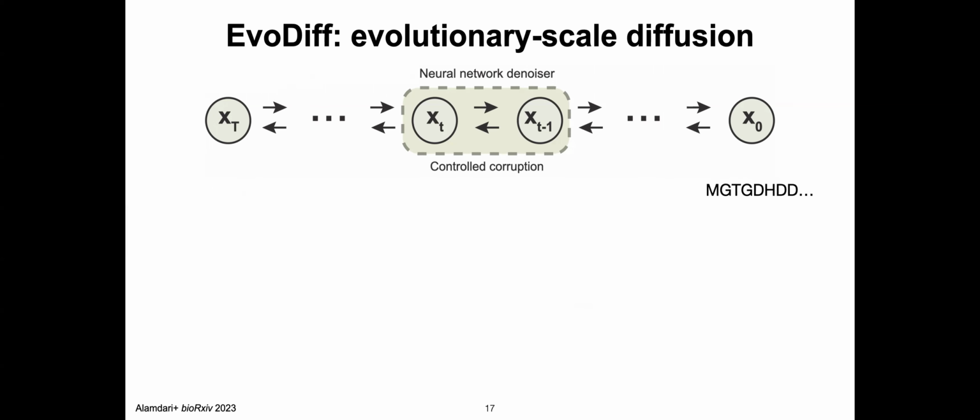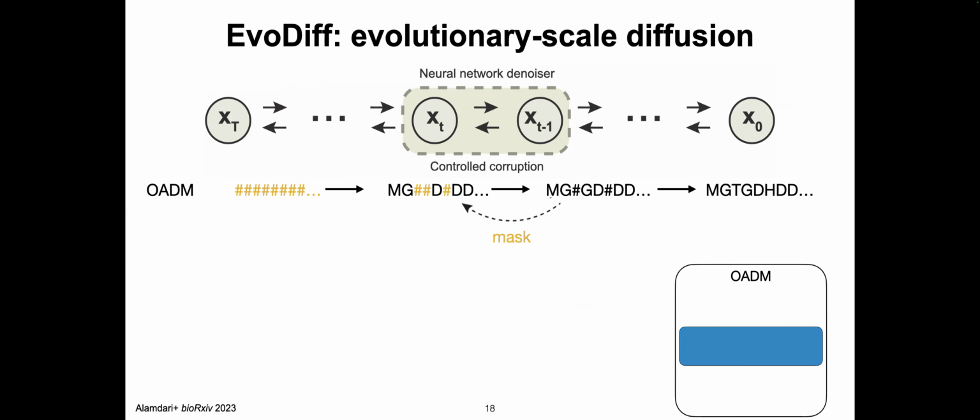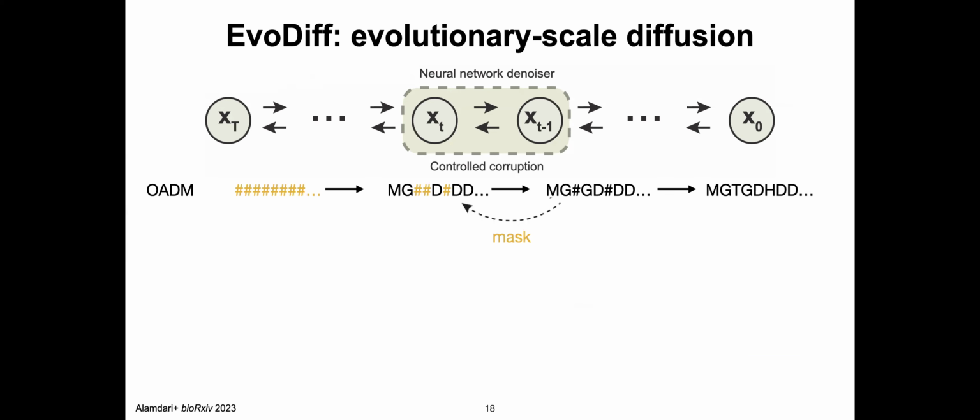Now, to place this in the discrete context and start with a really simple example, we take a protein sequence here. We assess a few different models for this diffusion task. The first is known as order agnostic diffusion. This is a case where you take an input sequence, you slowly corrupt over all the positions in the amino acid sequence.